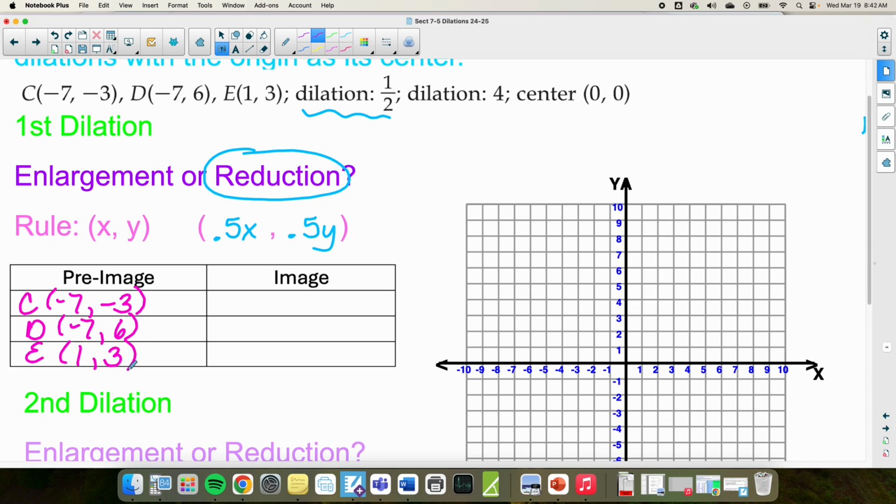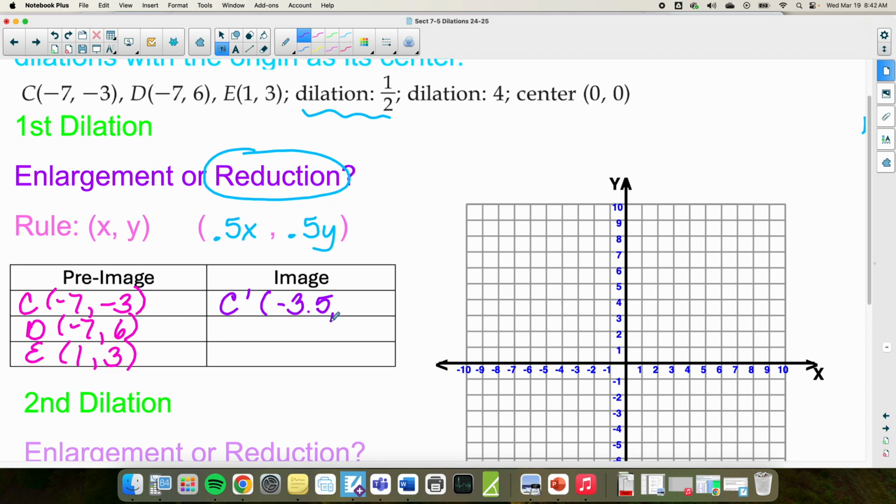Okay? Now, when I go to do my image from that, I'm going to multiply every coordinate here by 0.5, and that will give me C prime. So half of -7 is -3.5.